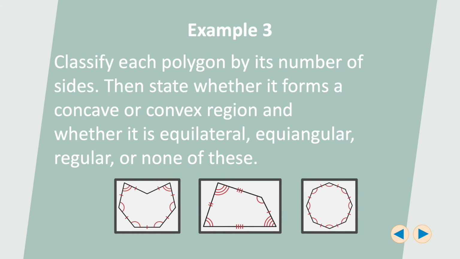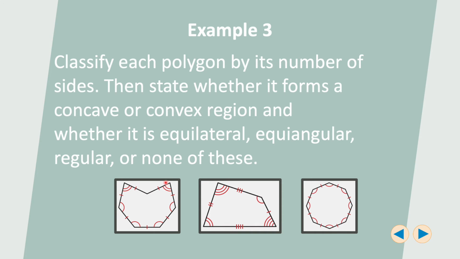All right, classify each polygon by its number of sides and then state whether it forms a concave or convex region and whether it's equilateral, equiangular, I'm never going to say that, regular, or none of these. Okay, so I can already see right here that I have these 4 angles that are congruent, but not those.